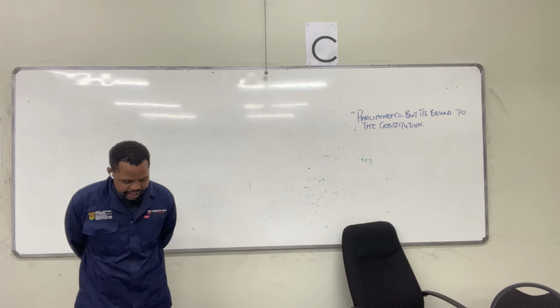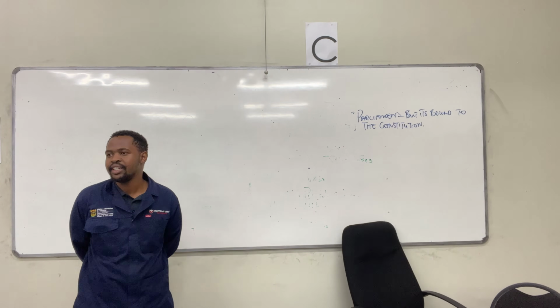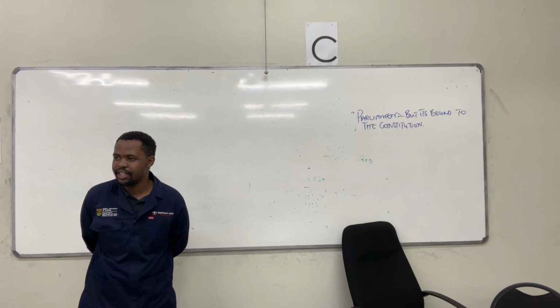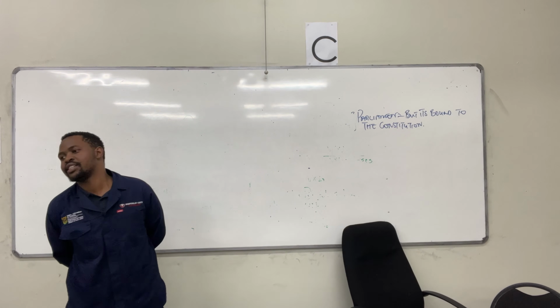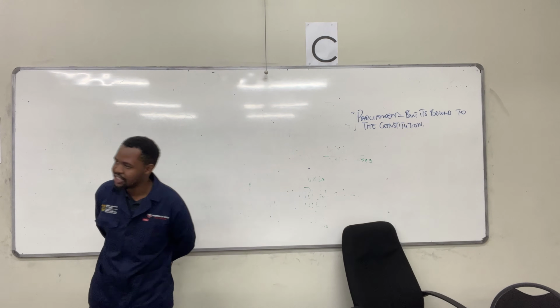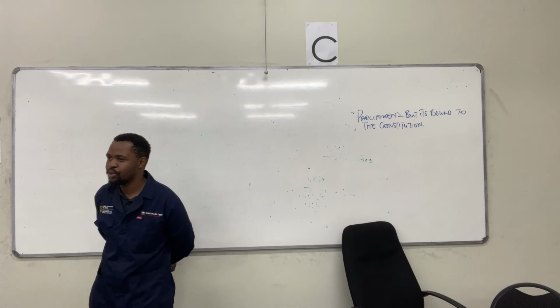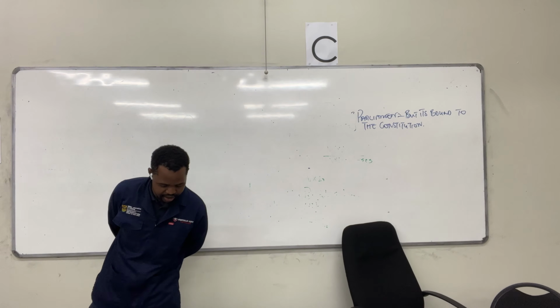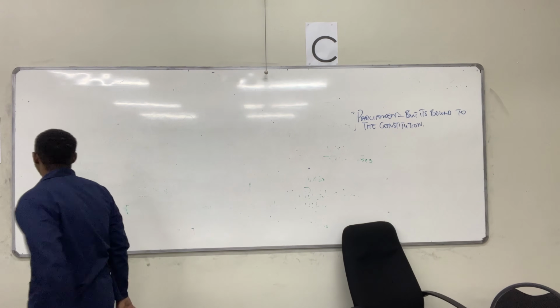Now the relationship between instantaneous value and maximum value. You know, instantaneous value, I just defined it to you. You know, a maximum value, I just defined it to you.